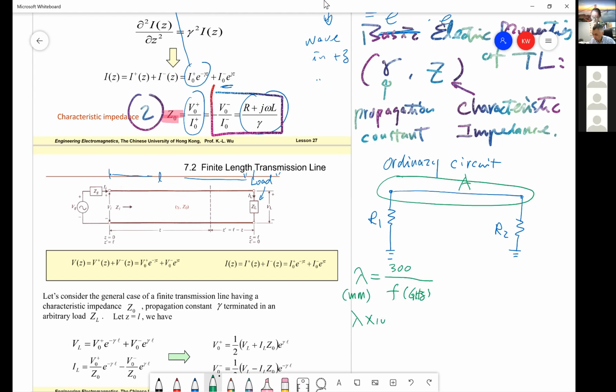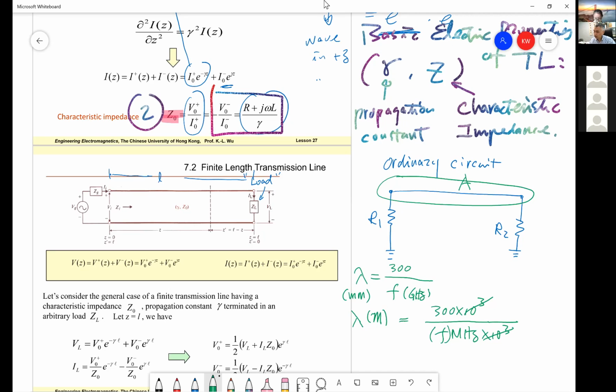Sorry. Then this is also multiplied by 1,000 times. So if frequency is in gigahertz, this becomes frequency in megahertz times 1,000. So that means if frequency is in megahertz, the wavelength is in meter.